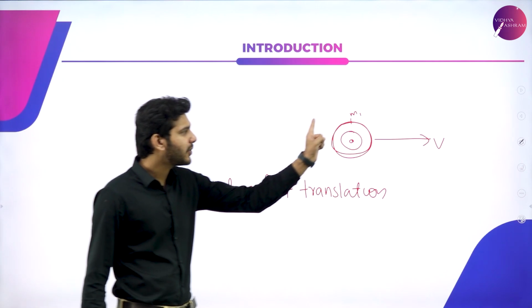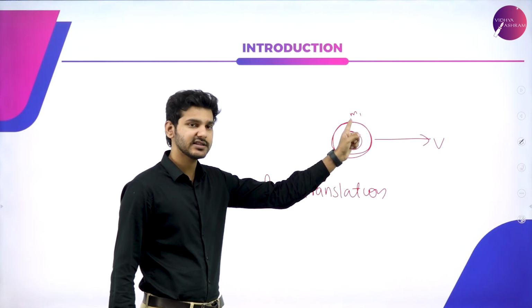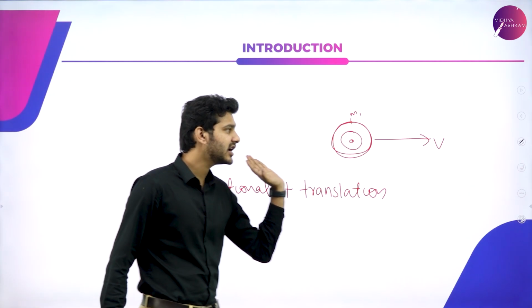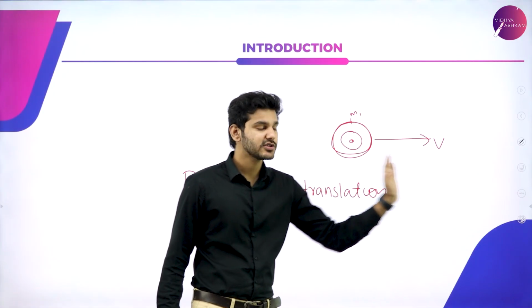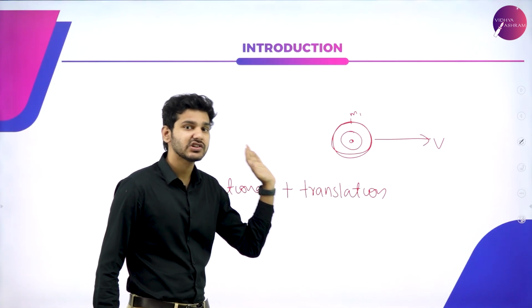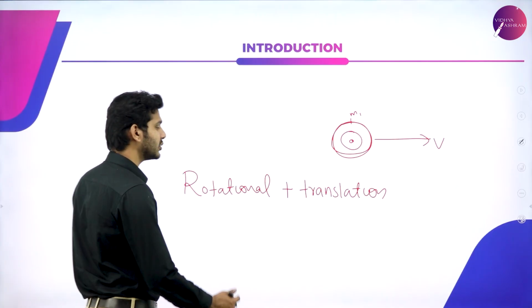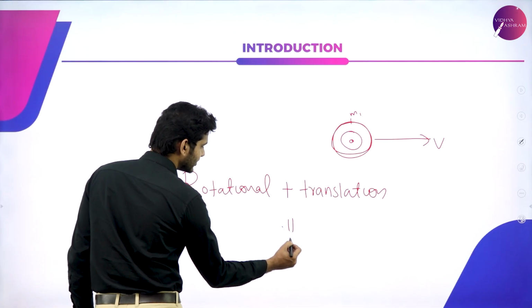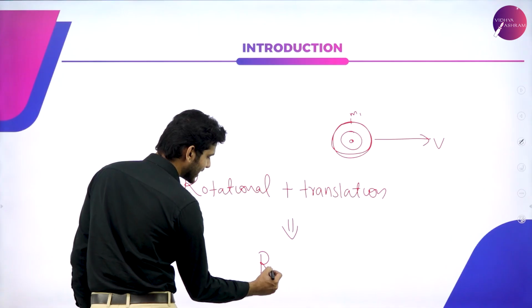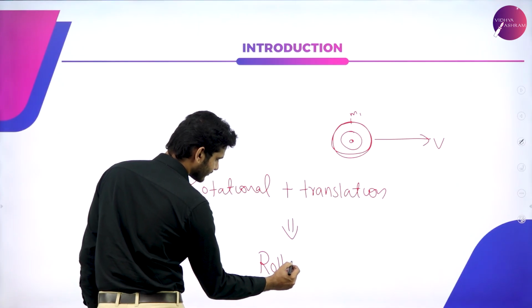Rotation means a particle is rotating like this, and translation means it is going in a straight line. So rotation plus translation motion, translatory motion, together is known as rolling motion.